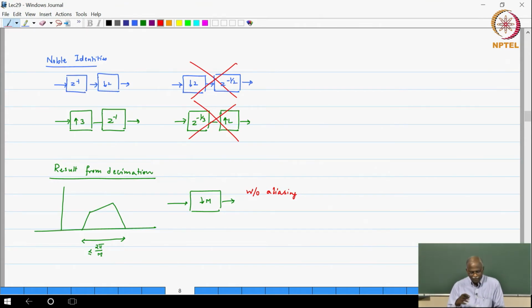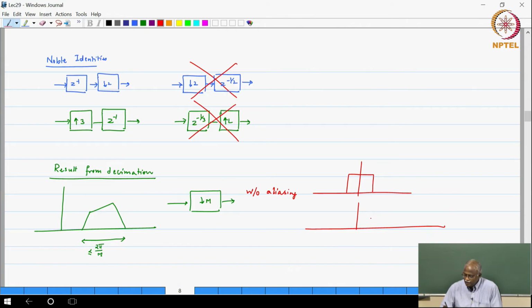Now this was a very important result which took us to the notion of filter banks, and the notion of filter banks starts from having a prototype filter and then producing other filters by shifting this one. So if this is H_0, then H_1 is here, H_2 is here, likewise, and if these had pi over m as their cutoff frequencies.